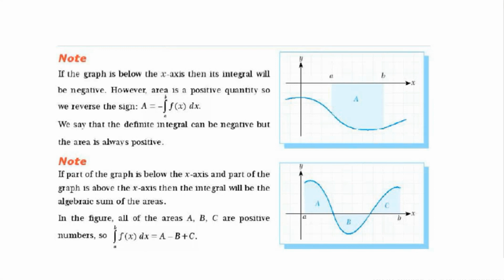So the integral of f of x dx between a and b is equal to the area of A minus the area of B plus the area of C. As you can see in the graph, the areas of A and C are above the x-axis and the area of B is below the x-axis. That's why we indicate the negative sign.